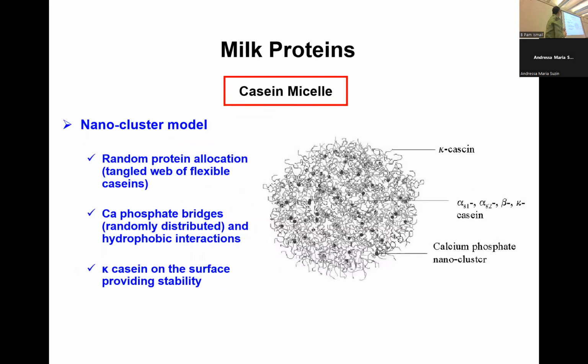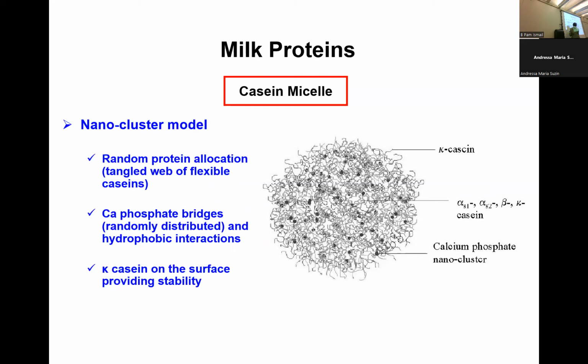So the nanocluster model said, okay, all of this is great, but really we don't have submicelles. What we have is a network of casein molecules associated with hydrophobic interactions. We have a lot of hydrophobicity on the surface, so they associate with hydrophobic interaction. And these dots are the calcium phosphate bridges, so they're linked by the clusters of calcium phosphate.